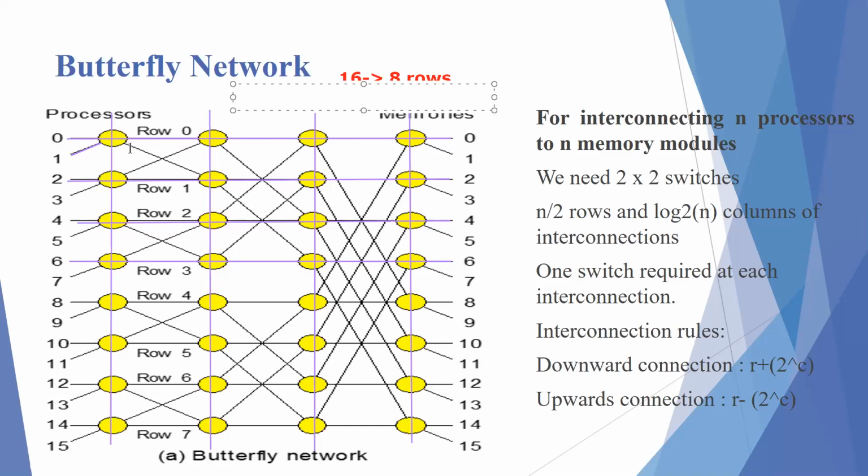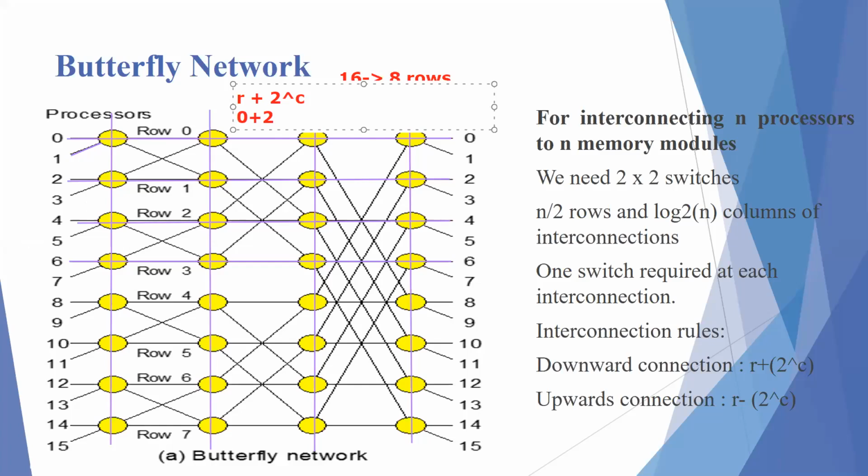When it is a down connection, it has to be r plus 2 raised to the power column. And whenever it has to be an upwards connection, for the cross it has to be a minus here. So let's see how it interconnects. For the first interconnection, row is 0 plus column is also 0.